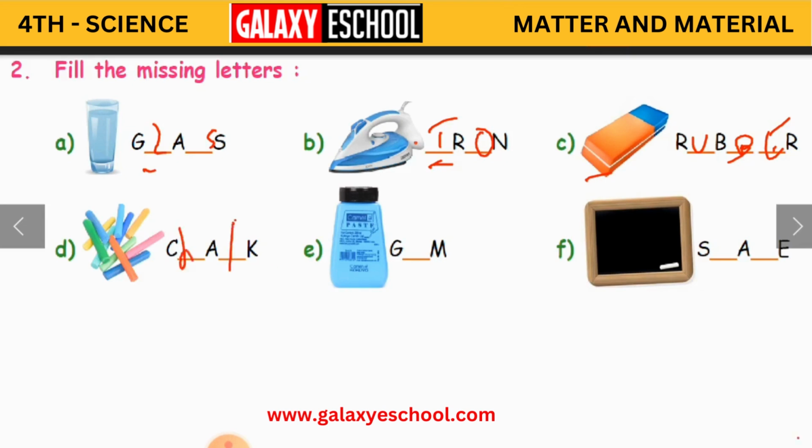C-H-A-L-K, chalk. Okay. G-U-M, this is gum. And this one is what we use for writing. This is nothing but our slate. S-L-A-T-E, slate. Okay, children, you observed glass, iron, rubber, chalk, gum, slate.